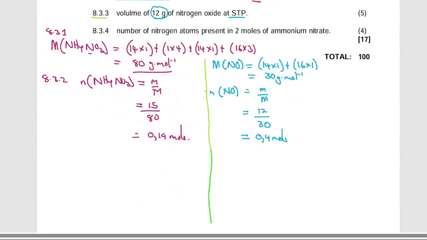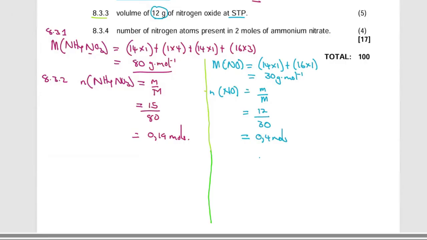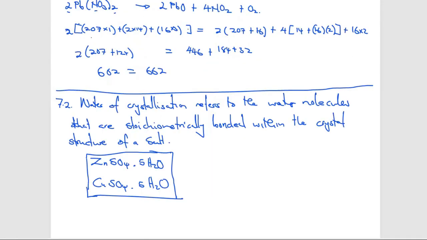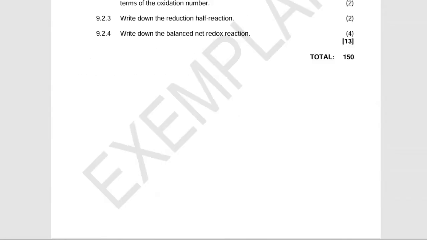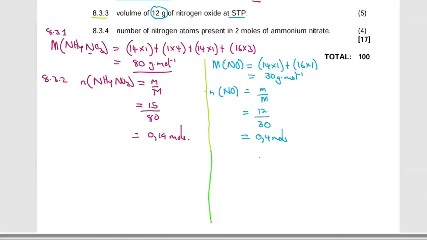Then after that, now let's proceed. According to your data sheet, if you can have a look at it, the formula is n equals V over Vm.